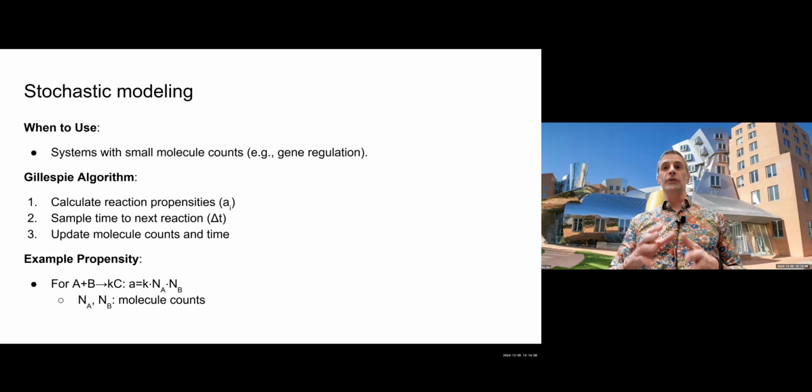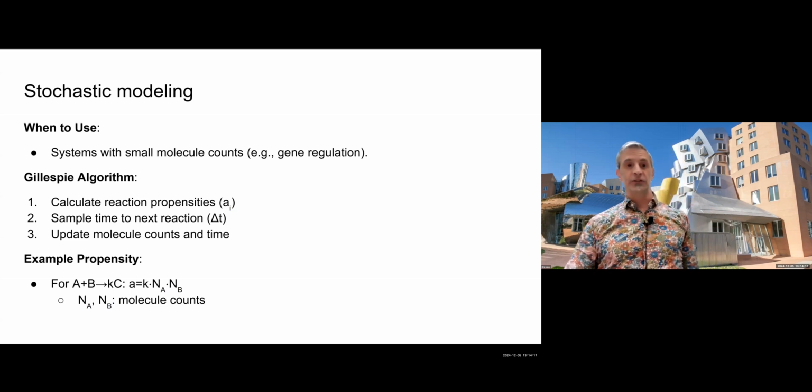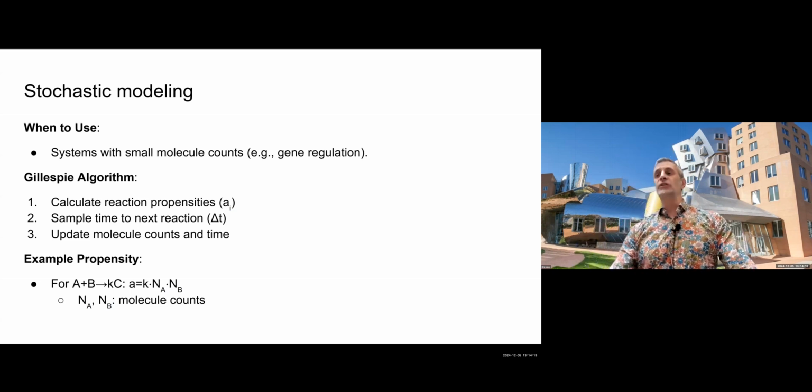There's these small molecules, and so then the fluctuations you get are significant compared to the total amount of that transcript. So in those cases, there's a really nice algorithm that I think is intuitively very elegant for modeling those things. And it's called the Gillespie algorithm.